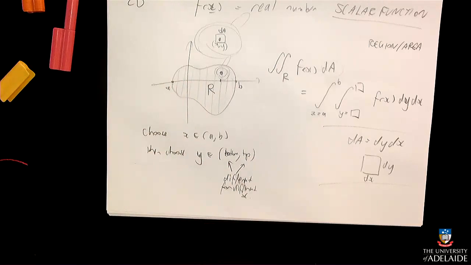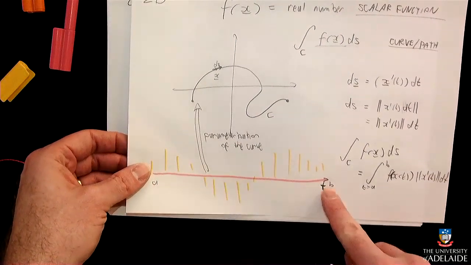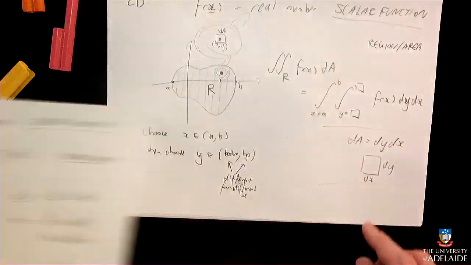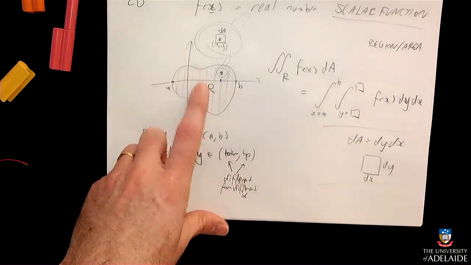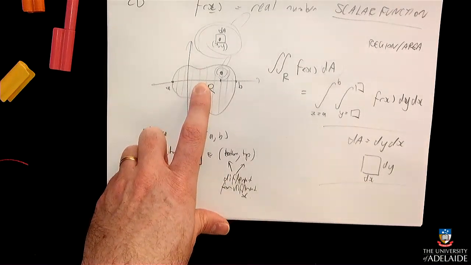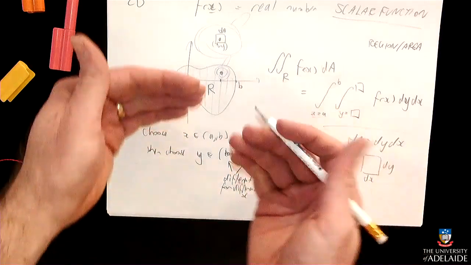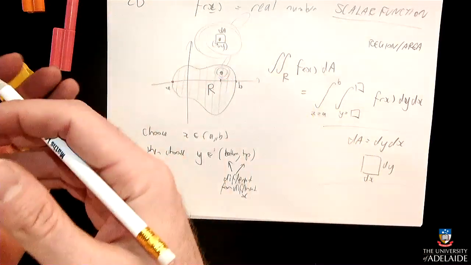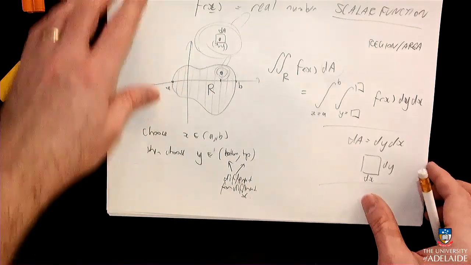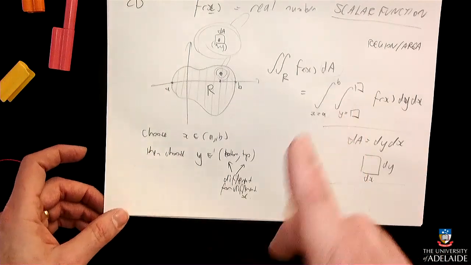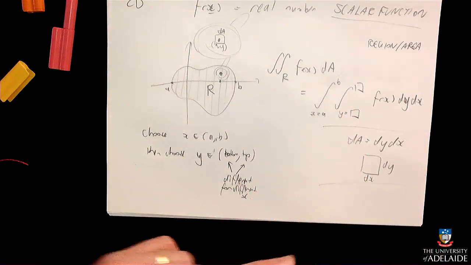In the same way that I can use some letter t to say where I am up to on my curve, I could use some other letters, s and t or theta and r or whatever, to locate where I am in here, and that will be a problem because the dA is a rectangle and changes in curvy things are not going to be rectangles. And so I need to find a way of converting, and I don't have room for that on this picture right here. But I think I'm going to just mention it here and we'll do an example later.